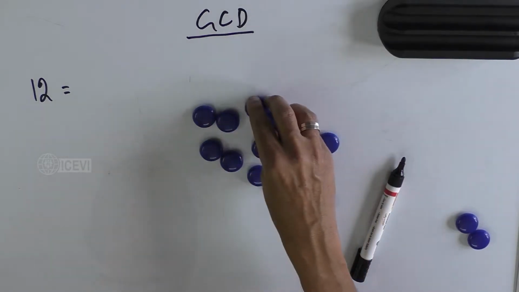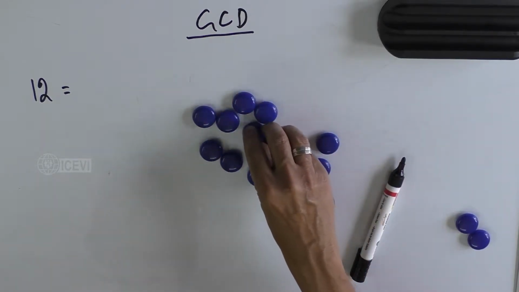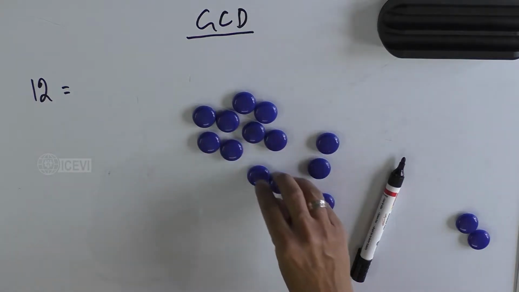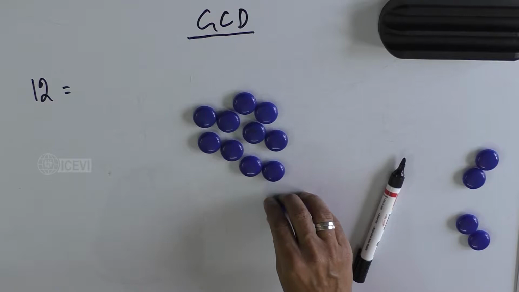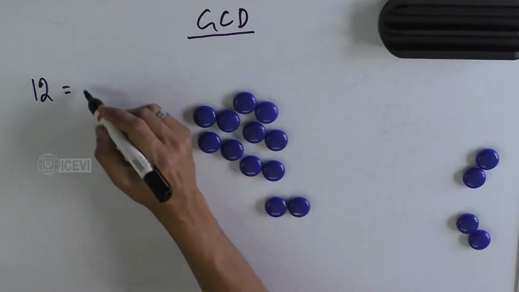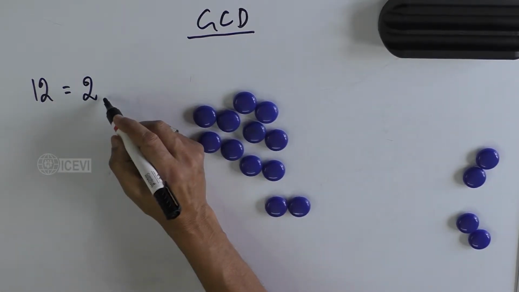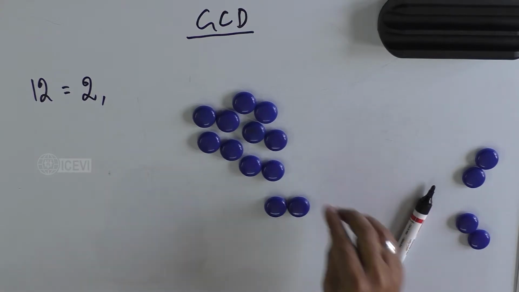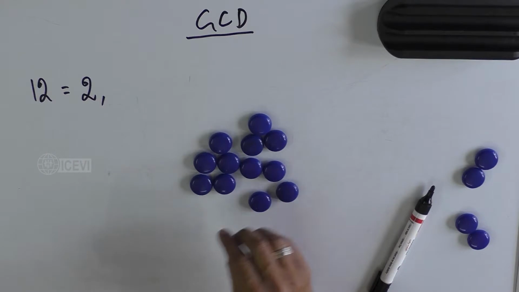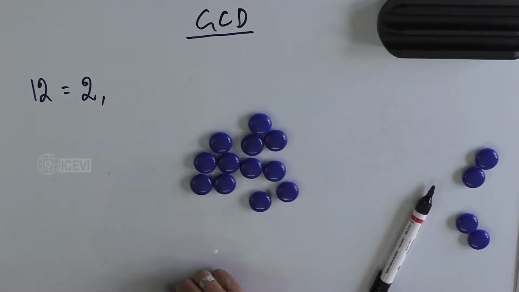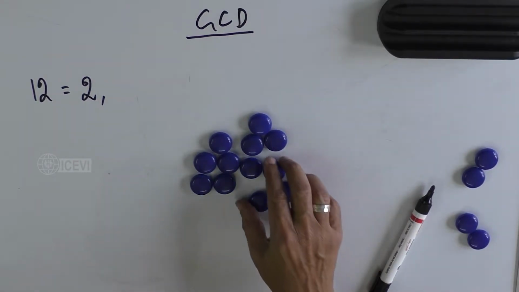So 2, 4, 6, 8, 10, 12. Okay, so now 2 is a divisor of number 12 because by grouping them in terms of 2, you don't get a remainder. So what about 3?